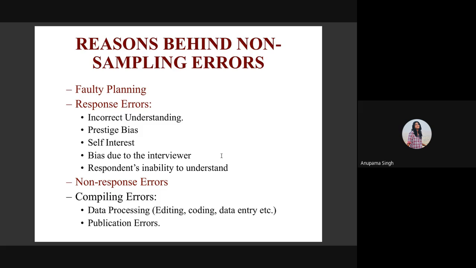So that particular household that was supposed to be in the sampling frame is omitted, right? That kind of error is also considered non-response. Any error that happens because of non-response from the side of respondents is considered a non-response error.